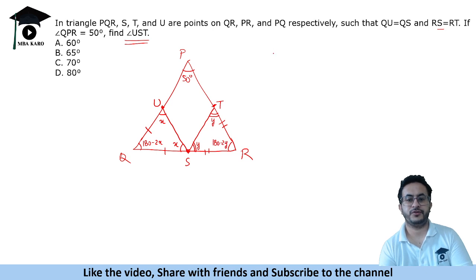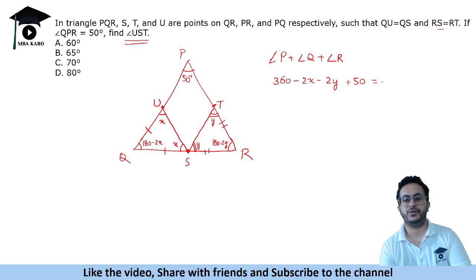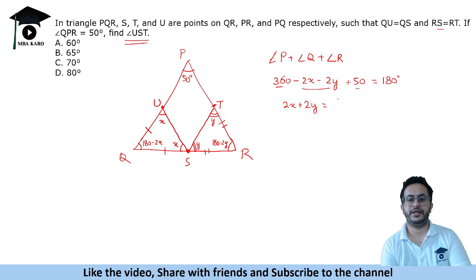Now we add the angles of PQR. So we get 360 minus 2x minus 2y plus 50 is equal to 180 degrees, that is the sum of angles of a triangle. So when we take it to this side, we get 2x plus 2y is equal to 410 minus 180, that is 230 degrees, or x plus y is equal to 115 degrees.